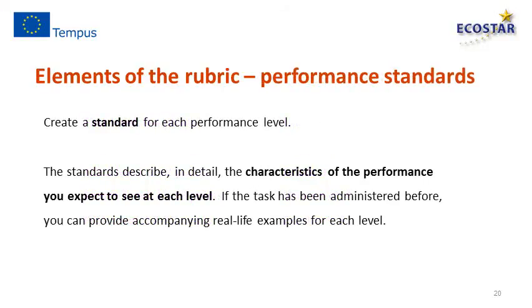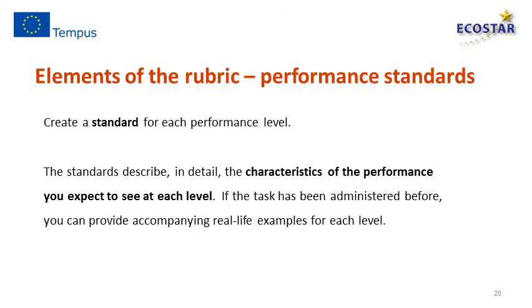Now we are getting to the performance standards part. If you remember the cookie rubric, we had the dimensions on the left. We've talked about those. We had the scoring points on the top. We've talked about that. And now we're going to get to what goes into the heart of the table, into each little cell there, the performance standards.